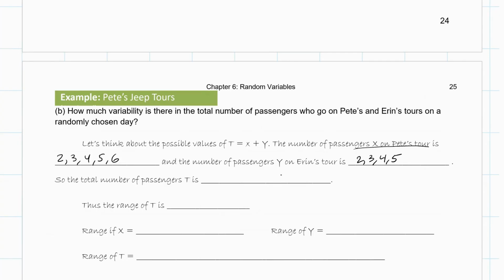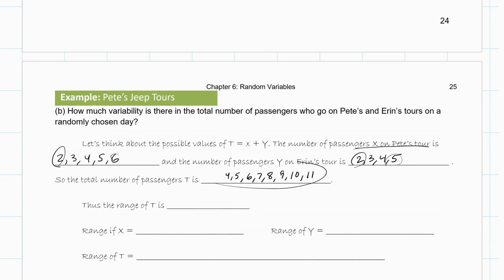And when we combine these in any way we want, the total number of passengers T is some number from 2, 3, 4, 5, 6, 7, 8, 9, 10, or 11. Two getting, or sorry, not two, no, three. That's silly. Two coming from 2 plus 2. The highest number coming from 6 plus 5, and all the numbers in between can be found from there.